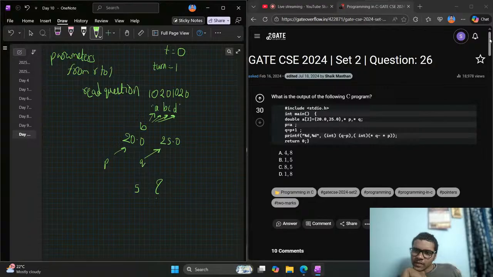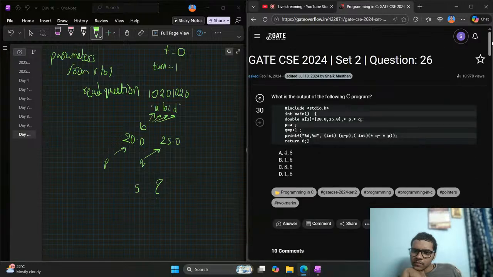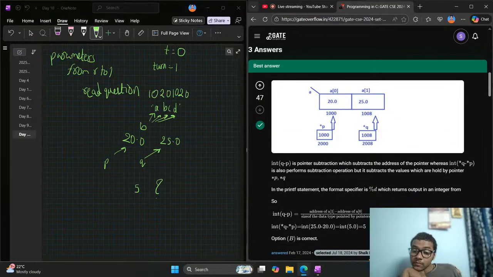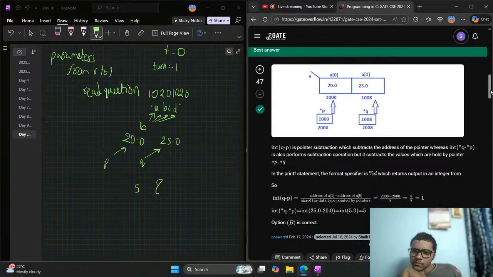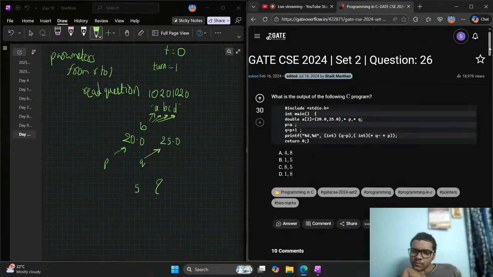So in type conversion, does the value drop or something? Q is a pointer.